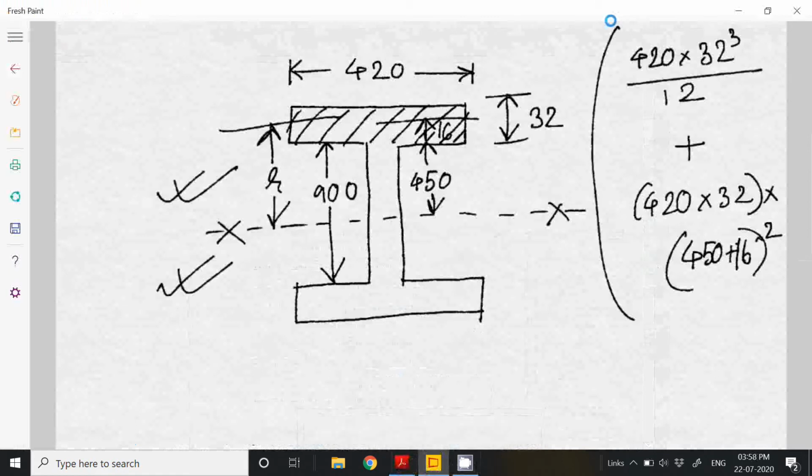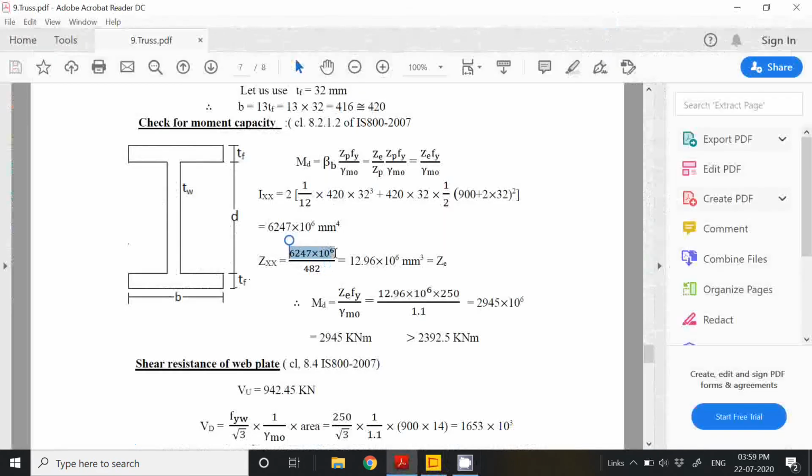So overall you multiply it by 2. So that you please check. Then you will get some value here. And ultimately the section modulus you will get by dividing this Ixx with this 482, which is the depth.